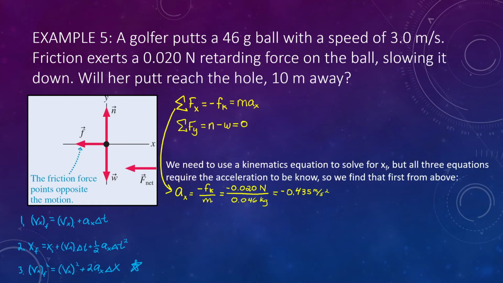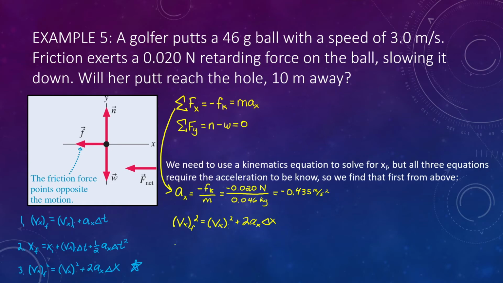I'm going to write it again, even though it's right over there. We have Vx final squared equals Vx initial squared plus 2ax delta x. So we're looking for how far the ball goes. In other words, we're looking for delta x, or you can think of it as x final.